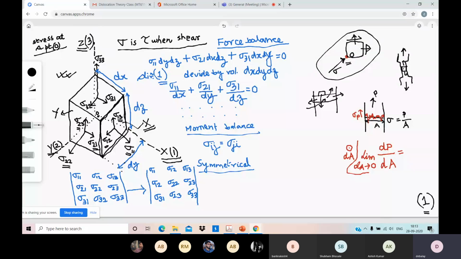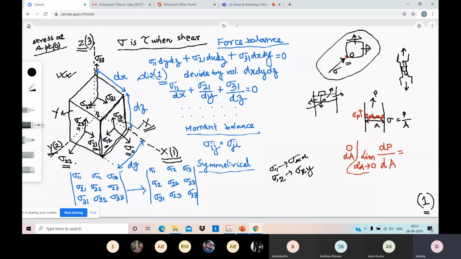You can also write sigma 1 1 as sigma xx. Sigma 1 1 means sigma xx. Sigma 2 2 means sigma yy. Sigma 1 2 means sigma xy. This is how it can be represented. Basically the same thing.